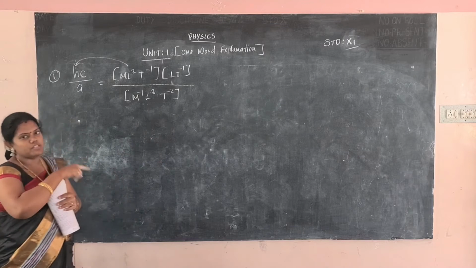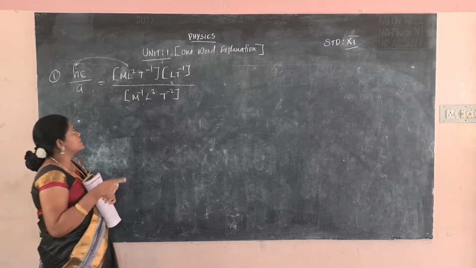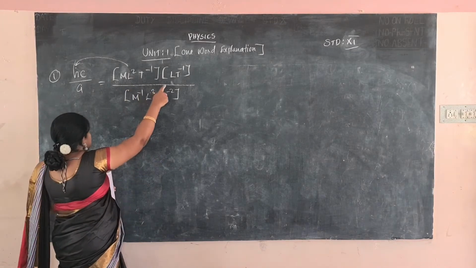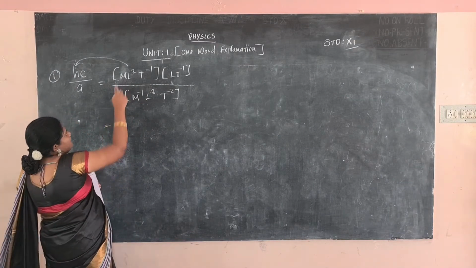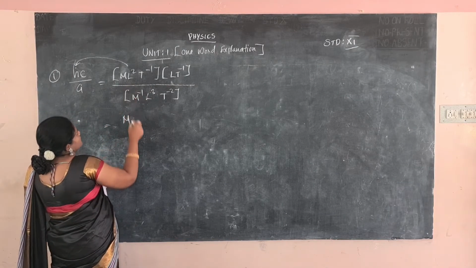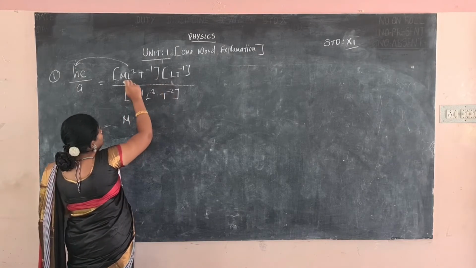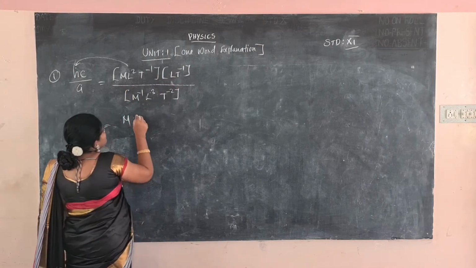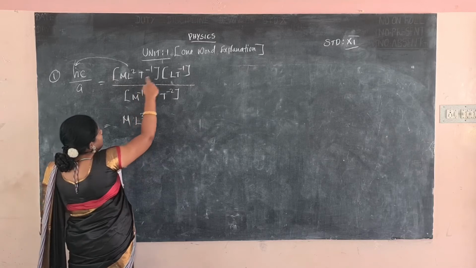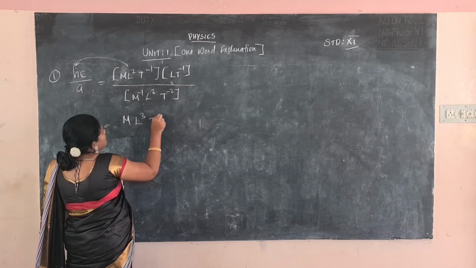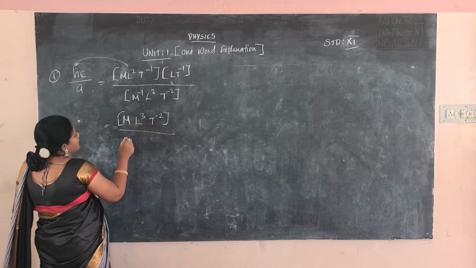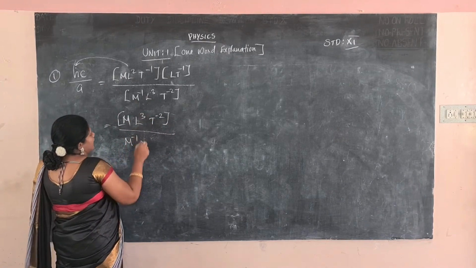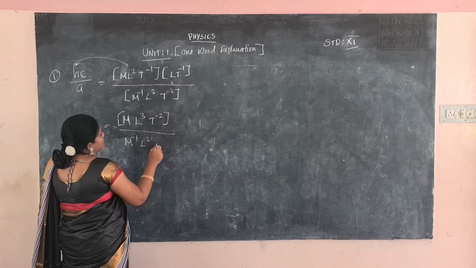Those are all our dimension formulas for h, c, G. Now we have to calculate. M is there; L square and L give L power 3; T power minus 1 and T power minus 1 give T power minus 2; then divided by M power minus 1, L cube, T power minus 2.